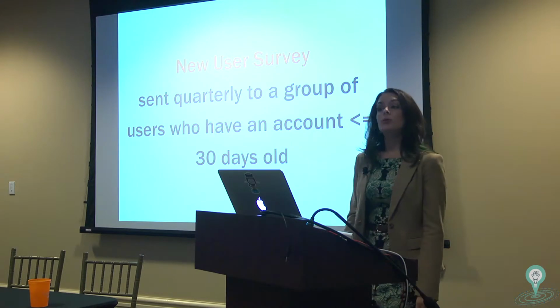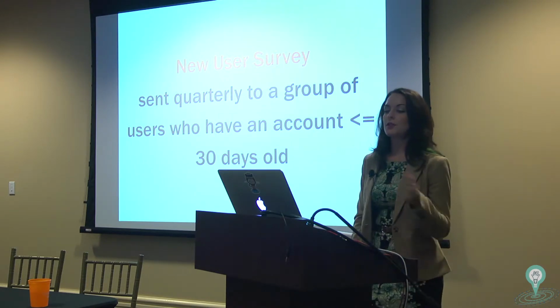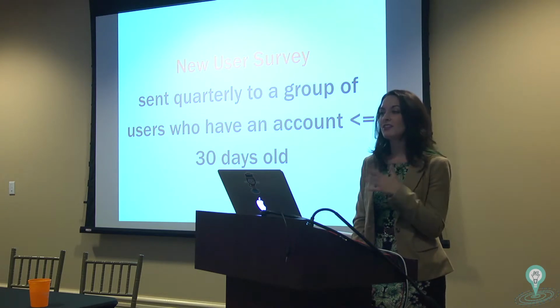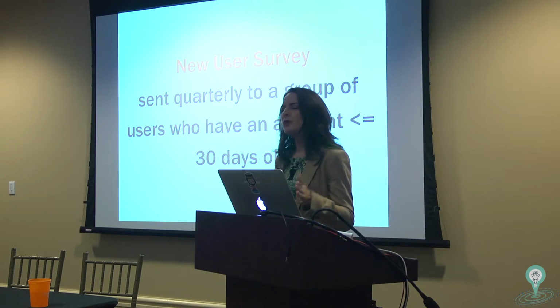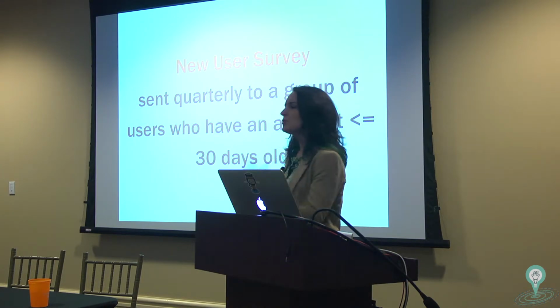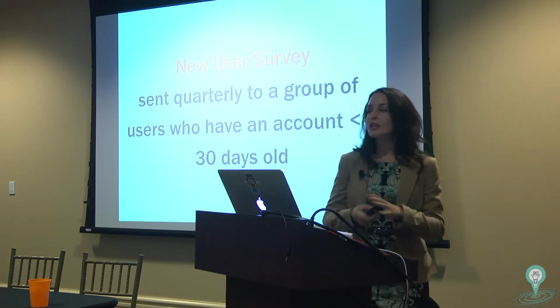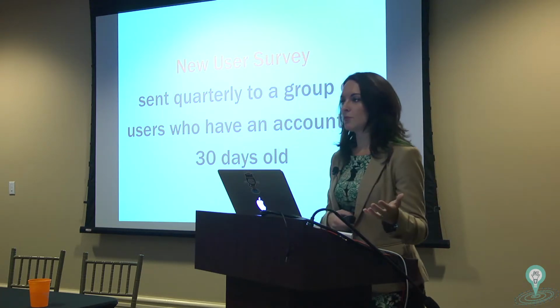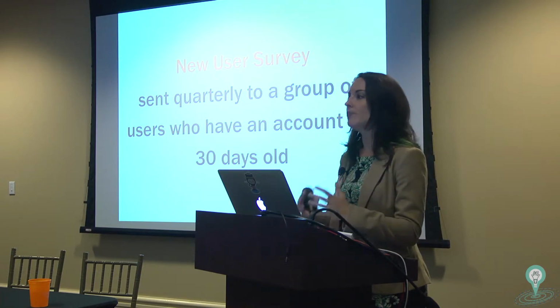We also went through our new user survey, or onboarding survey. This is sent quarterly to a group of users who've opened their account in the past 30 days. We're asking them things like, what features brought you here? What made you decide to choose MailChimp? What history do you have using other email service providers, so that we can get an idea of what kind of context people have for using this product.